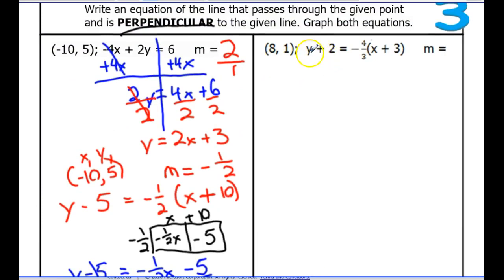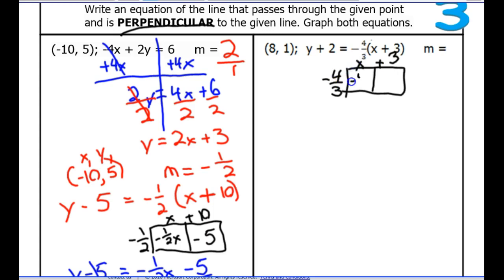Next problem, we have y plus 2 equals negative 4/3 times x plus 3. So we have to solve this by solving for y. So we have to draw our box. And we have negative 4/3 out front and x plus 3 on top.